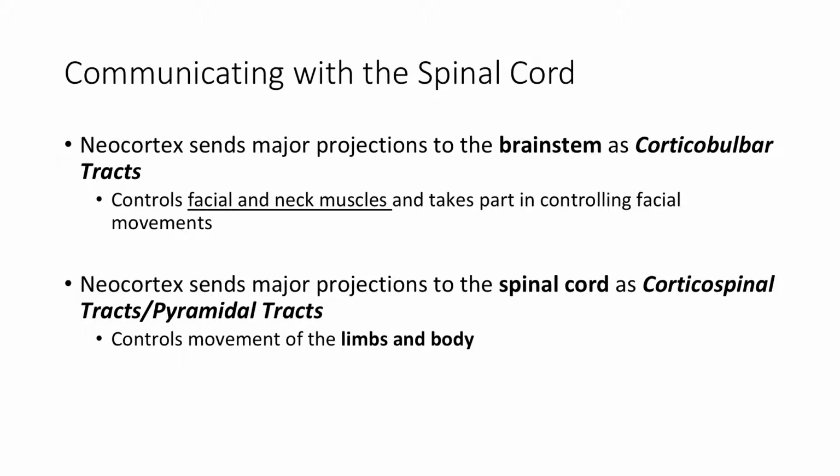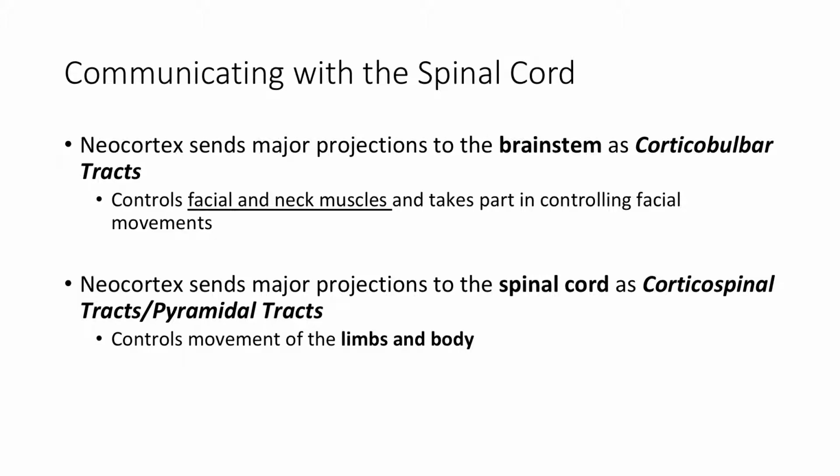The neocortex sends major projections to the brainstem as the corticobulbar tracts, and the neocortex will send major projections to the spinal cord as the corticospinal tracts, which we also call pyramidal tracts. So it goes from the cortex to the spinal cord, hence the name corticospinal tract.